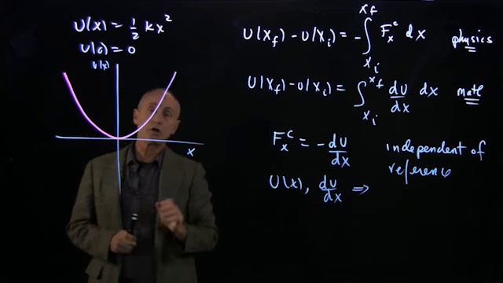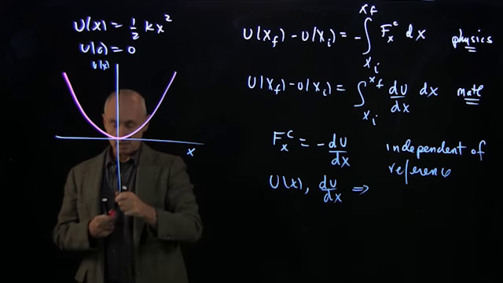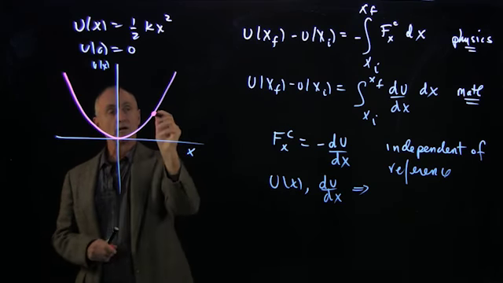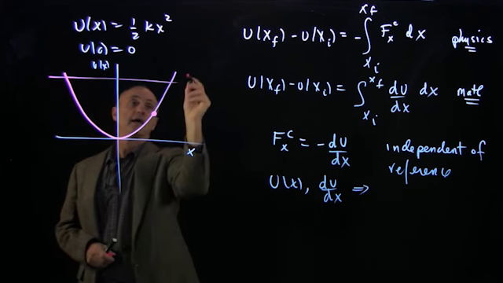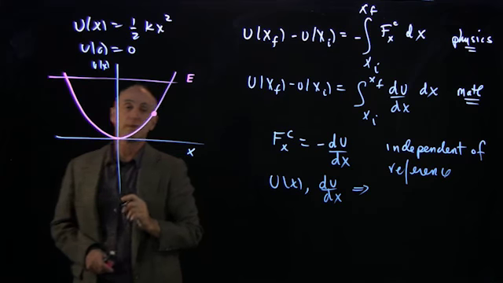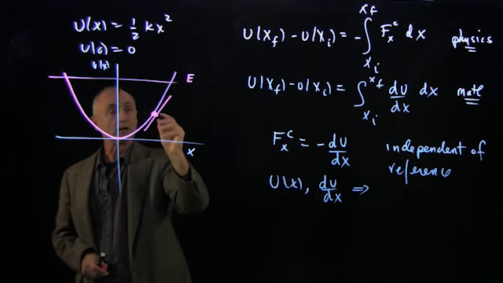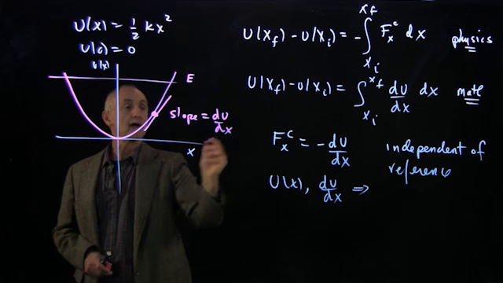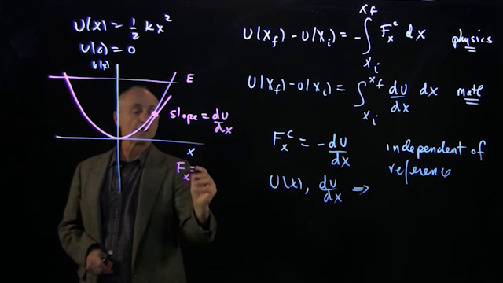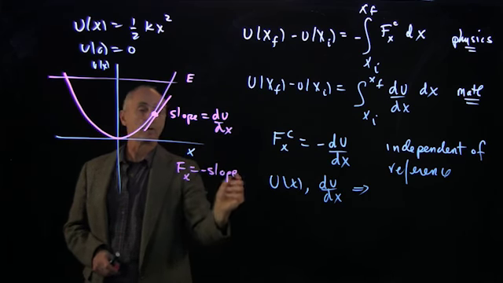Now we can talk about any given point. So suppose we're at a point here. Maybe our energy has some fixed value. Then the slope at this point is equal to dU/dx, and the force is minus that slope.